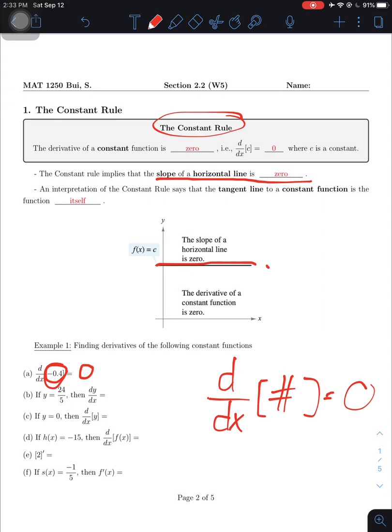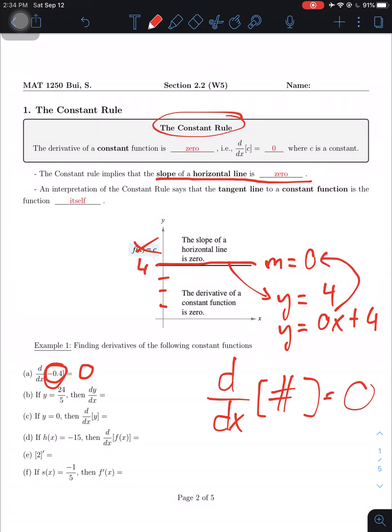We know that m is equal to 0, because the equation is y equals c, or if you want to pick a certain number, let's say 4. So the equation of this line is y equals 4, and you can rewrite it as 0x plus 4 equals y, right? From here we know that the slope m equals 0. So the constant rule tells us that the derivative of any number equals 0. That means the slope of any horizontal line is also 0.